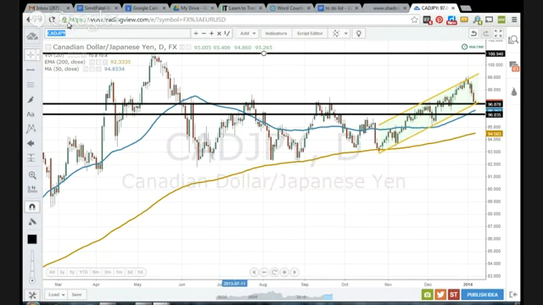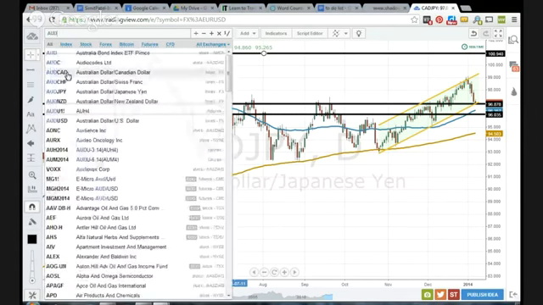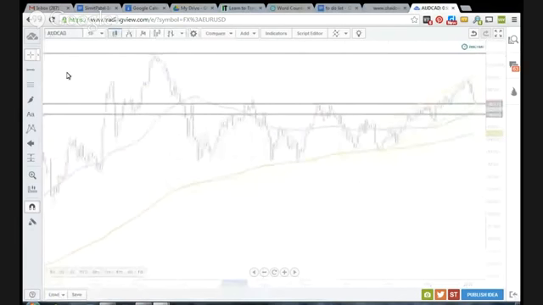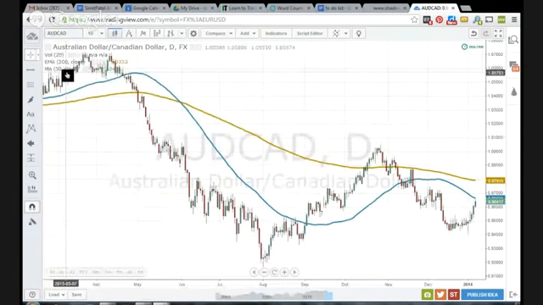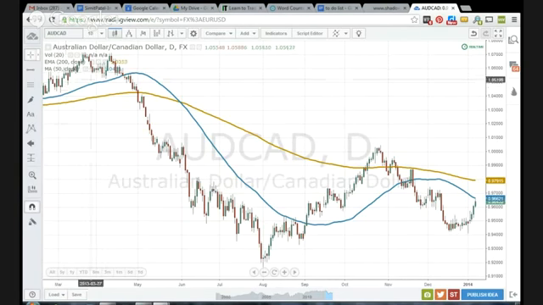Now let's move to Australian dollar, Aussie CAD. We are seeing numerous signs that the Canadian dollar is ready to rally. Is it going to reverse from here?